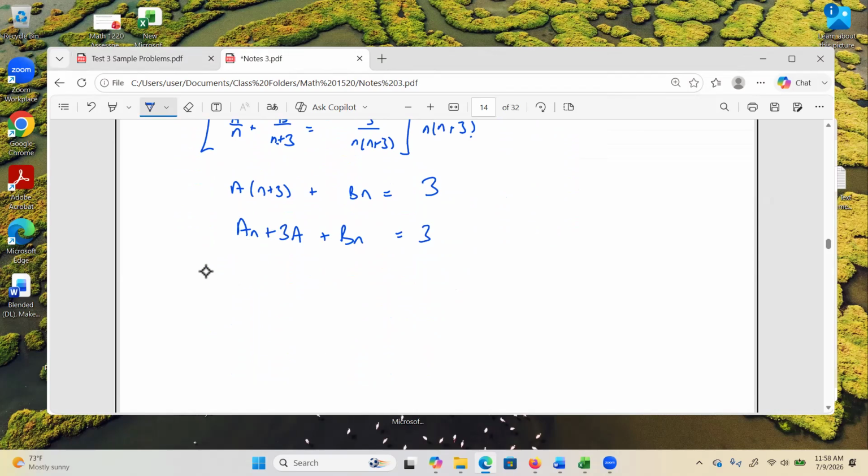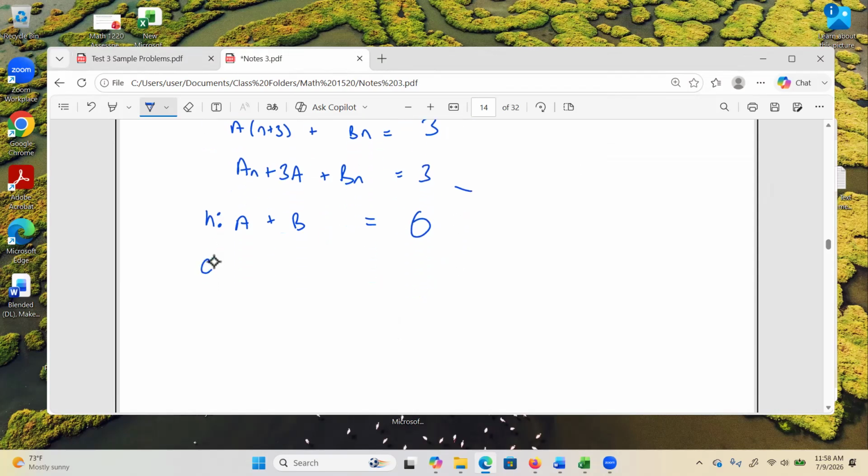Now I'm going to equate the coefficients. I'm going to take all the stuff on the left that has an n on it, and equate it to all the stuff on the right that has an n in it. So on the left, we have a plus b, equals what is on the right-hand side with an n in it. There is nothing with an n in it, so it's just going to be equal to 0.